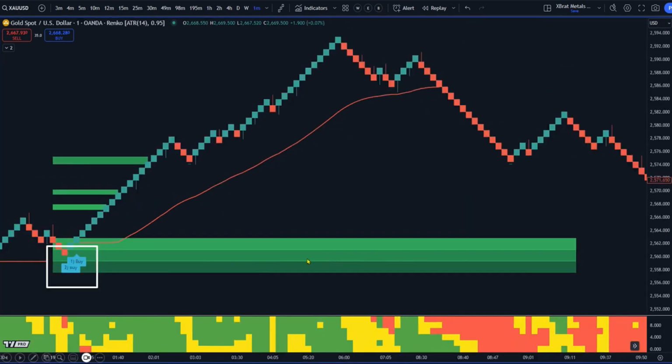So this is spot gold, and I wanted to go through sometimes when we do get a type 1 and a type 2 buy or sell signal. In this case it's a buy signal. This time we're on the 1 minute Renko ATR 14, and we can see that they come in very close proximity to each other. So we've got a confluence of signals there, really, really strong.